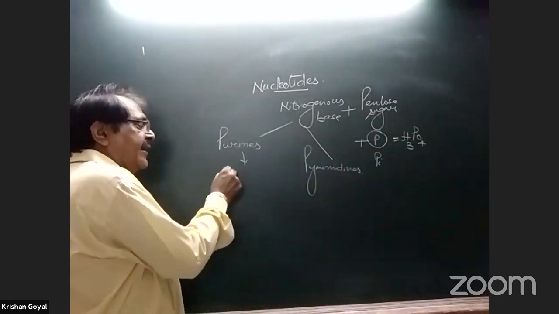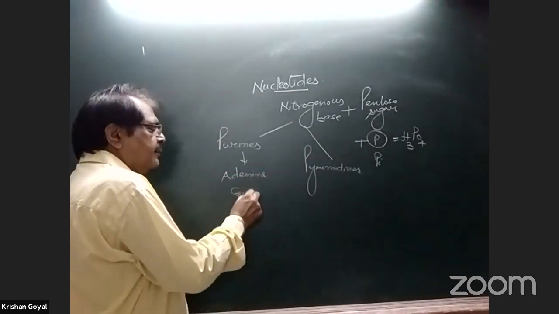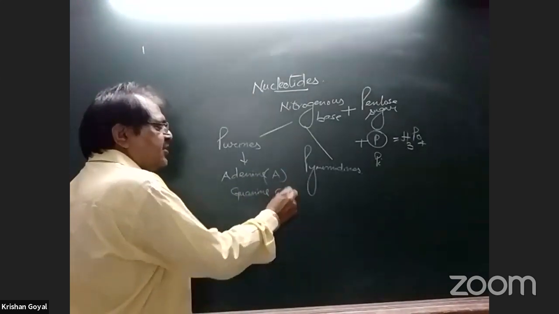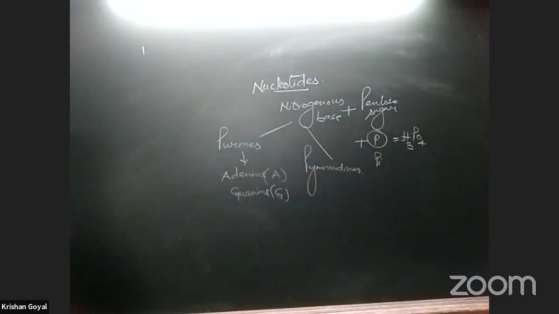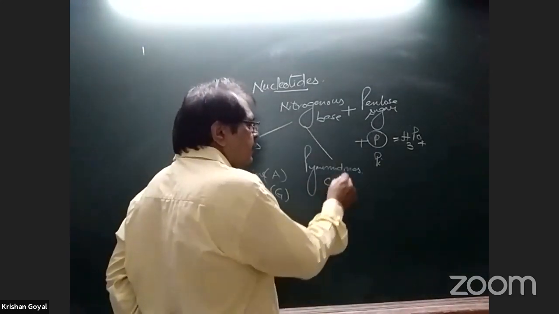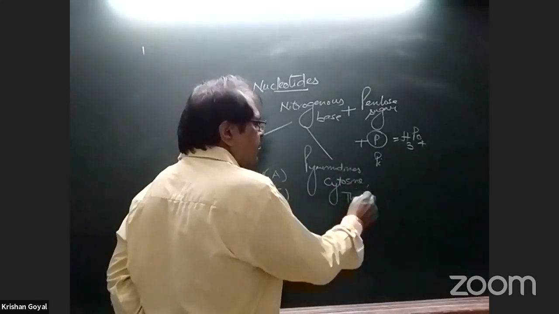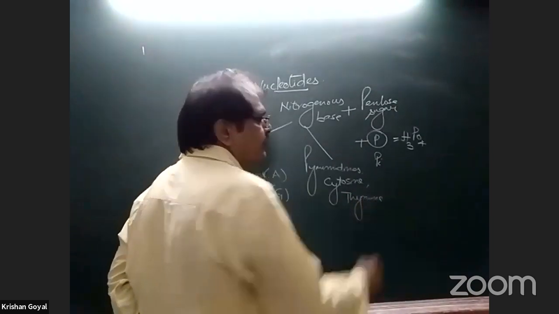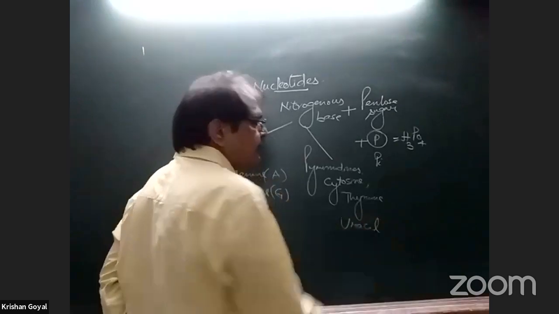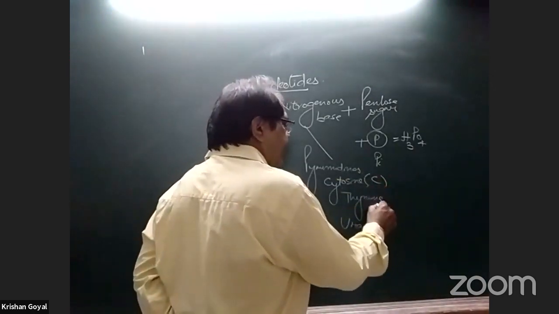Purines are adenine and guanine. They are written as A and G. And pyrimidines are cytosine, thymine, and uracil. They are written as C, T, and U.